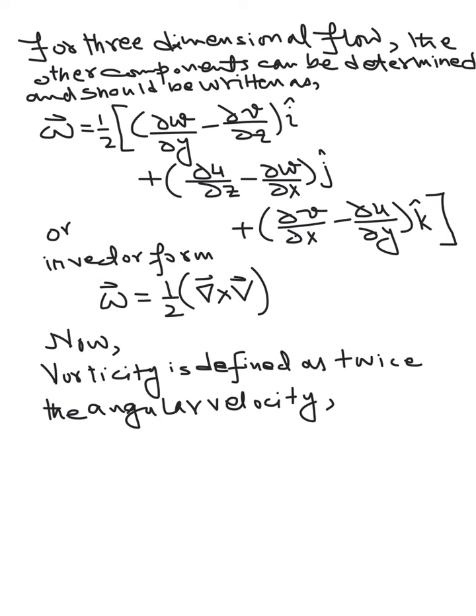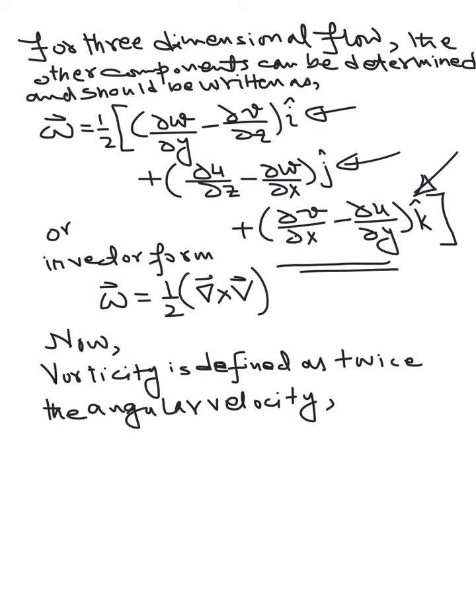Subsequently, for a three-dimensional flow field, the other components of angular velocity can be determined in a similar way. I can combine all of them and finally write down this equation to indicate that this is my i component, this is my j component, and this is my k component. The k component is what I have determined and shown you, and you can repeat the similar procedure for finding the i component and j component.